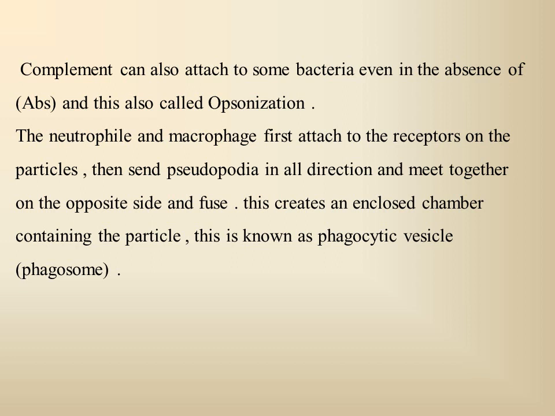This explains the process of phagocytosis. First, the neutrophil and macrophage attach to the receptor on the particle, then set pseudopodia, which send out false feet in all directions and meet together on the opposite side and fuse. They surround the foreign body from all sides, and the pseudopodia unite to create an enclosed chamber containing the particle, known as phagocytic vesicles or phagosomes.